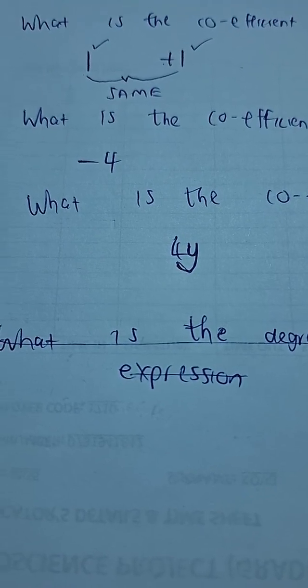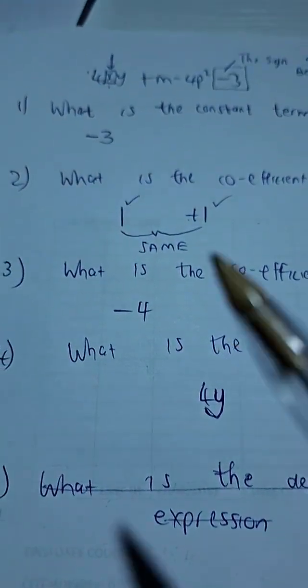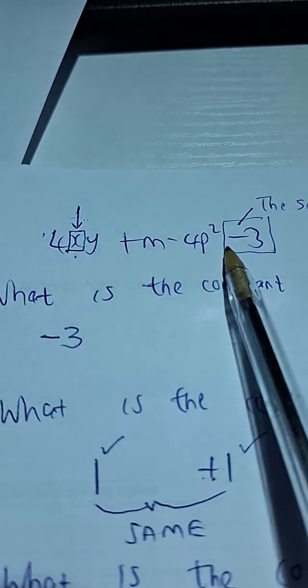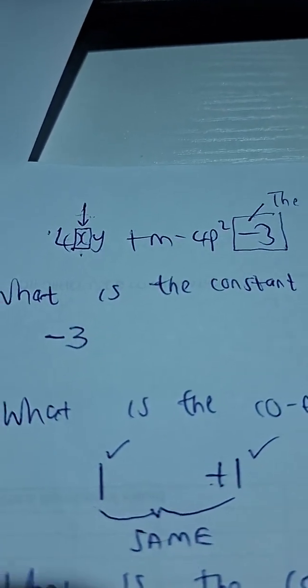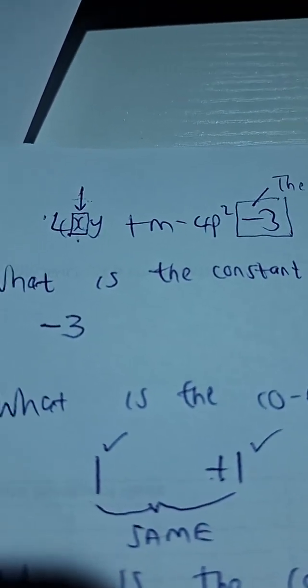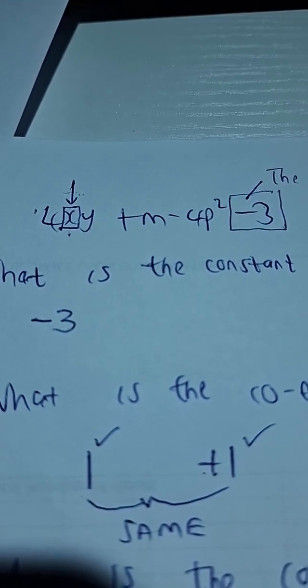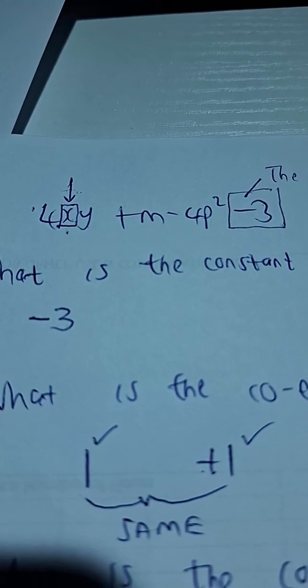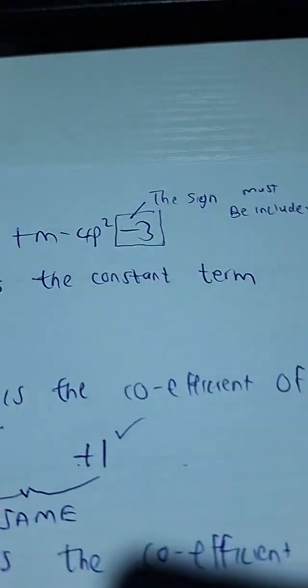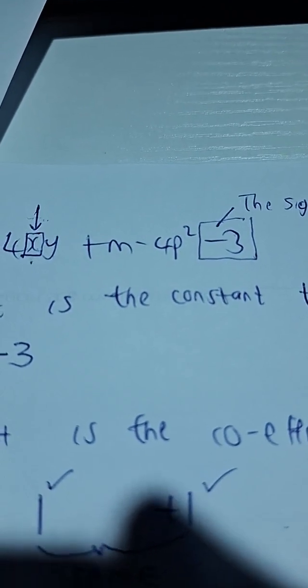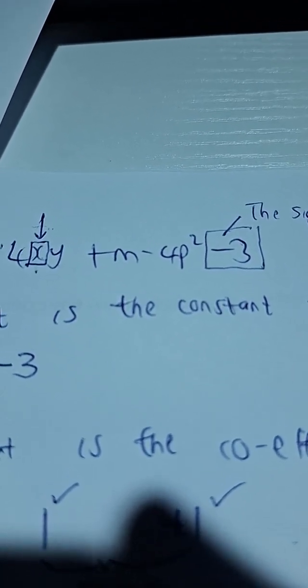So this question I wanted to ask: how many terms are in the expression? How many terms are there, guys? Okay, we have people that said 4. RG is saying 3.